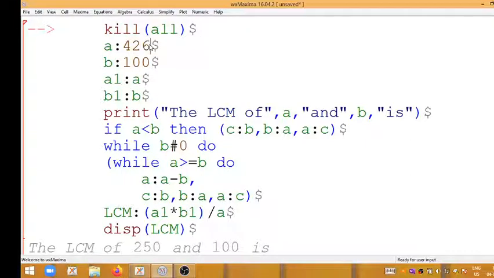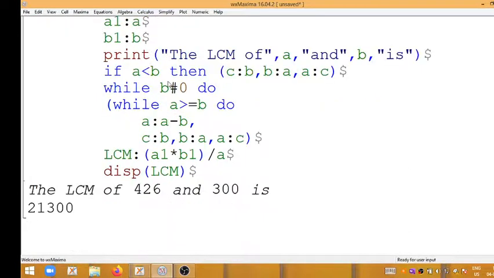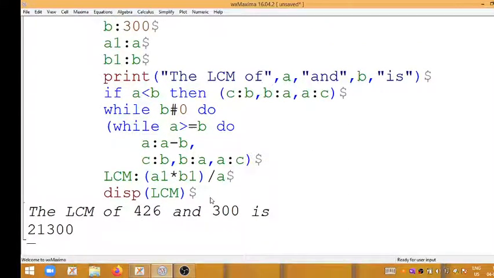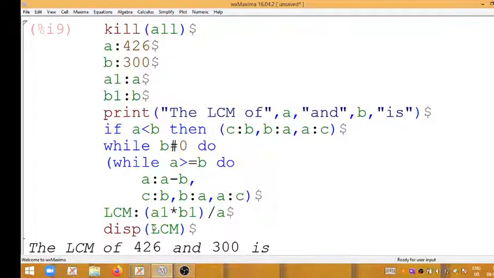The A value is 426, and the B value is 300. By executing with shift enter in Maxima, see here, the LCM of 426 and 300 is 21,300.